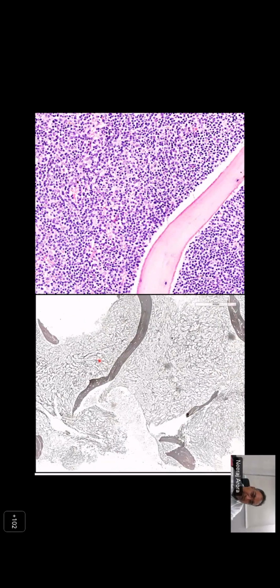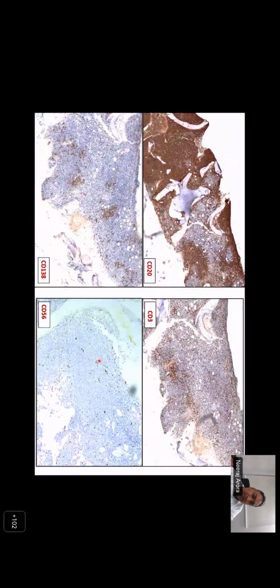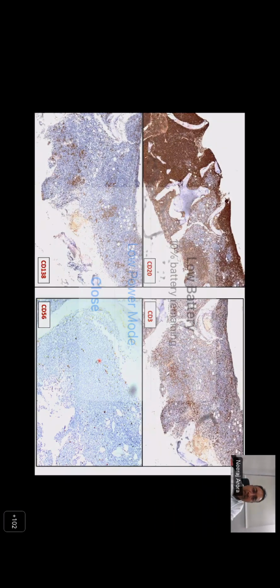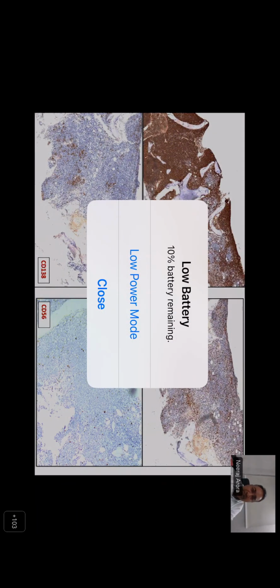So this marrow was absolutely packed, and whenever you see such a marrow, you would suspect that this is a lymphoma initially, and based on the history as well. As I mentioned earlier, you would go with a panel of markers with CD20 and Ki-67, and since this had an IgM and we had a suspicion of myeloma as well, we added a panel with CD3, CD20, and CD138.